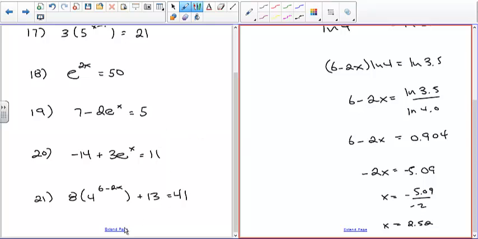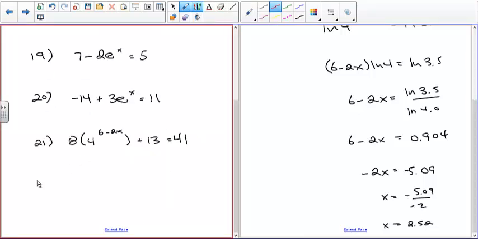And let's just go over here and check it out. So you have 8 times 4 to the 6 minus 2 times x, which is 2.52, plus 13. Okay, need another parenthesis there. So you have 8 times 4 to the 6 minus 2 times 2.52.